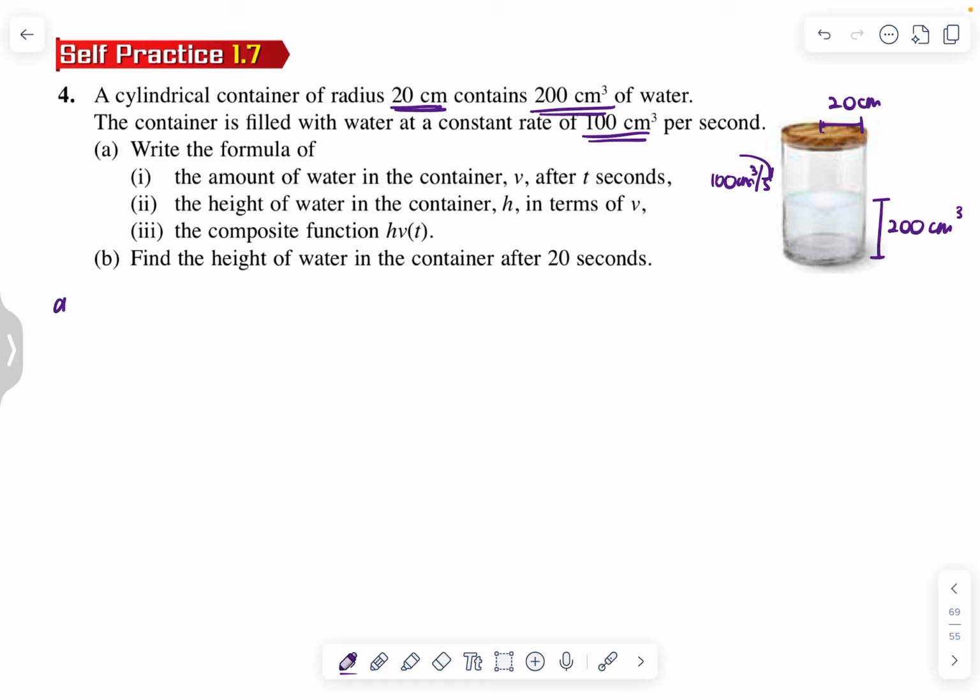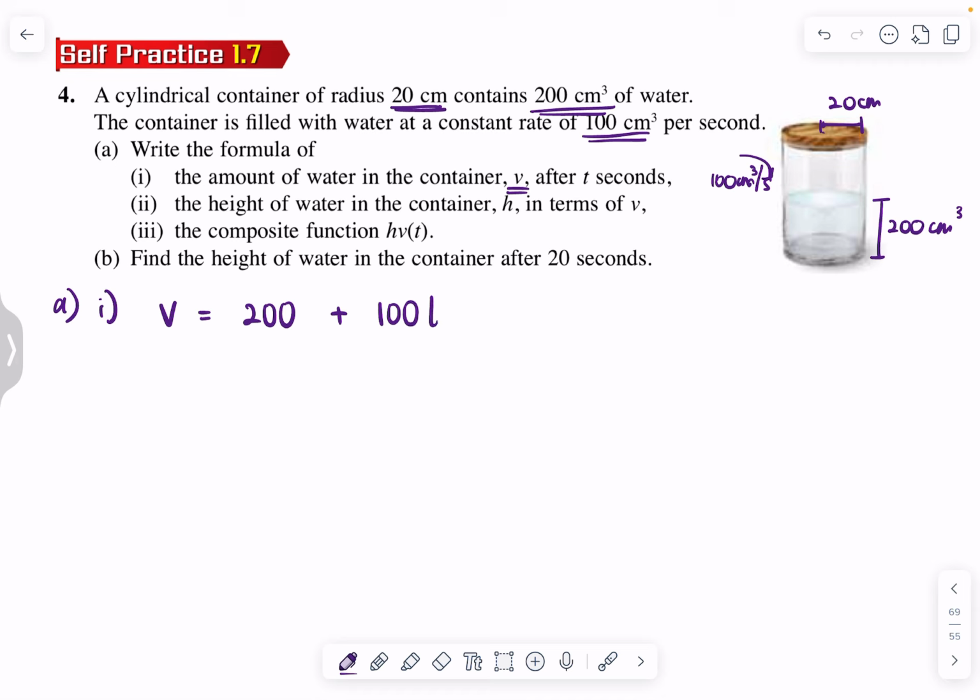Write the formula of the amount of water in the container after t seconds. So amount of water is denoted by V. That means we use V as volume. It already had 200 cm cube, and then they are adding water at 100 cm cube per second. So after 2 seconds it will be 200, after 3 seconds it will be 300.